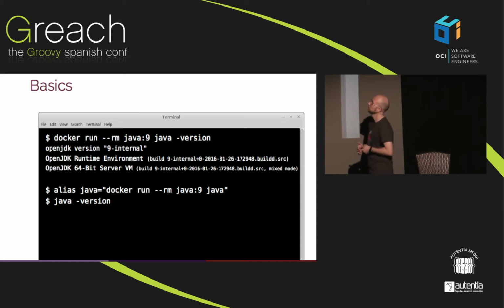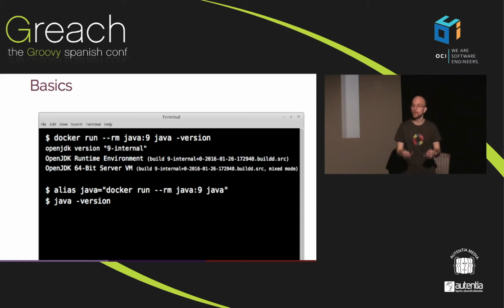You can do something like this: docker run java 9 and java -version, and it will do the same. Download Java 9, and here we have the version of the OpenJDK, the latest build from January. So you can start playing with Java 9 today, but you don't want to write this very long line. So you can do something like this.